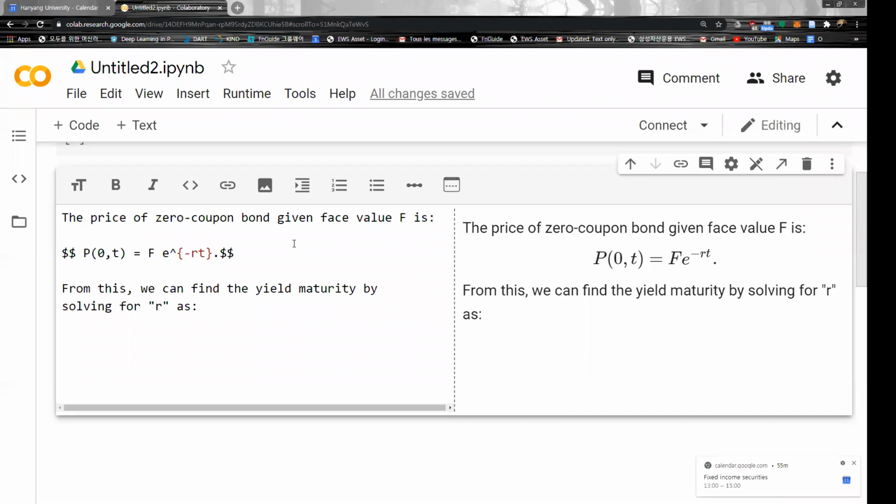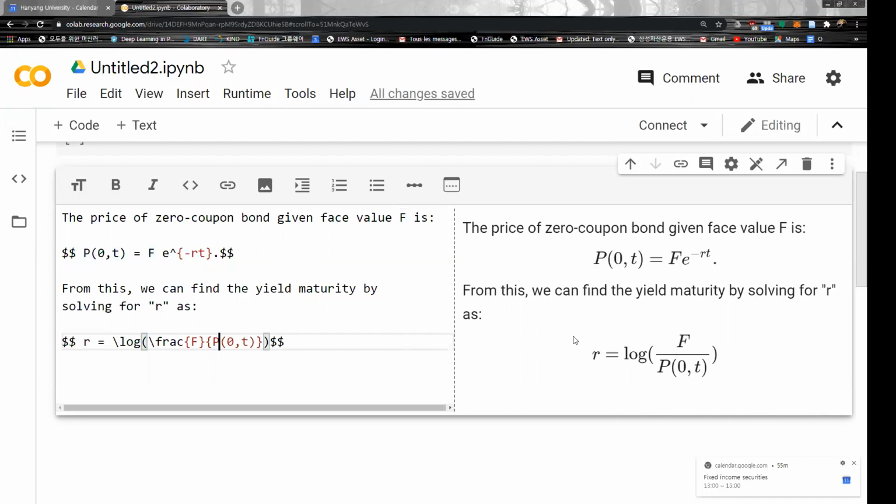Then what we have is R equals, because it is the ratio of the price, log of F over P. So you can see this side: the ratio between face value and current bond price is the overall return over the whole period, 0 to T.